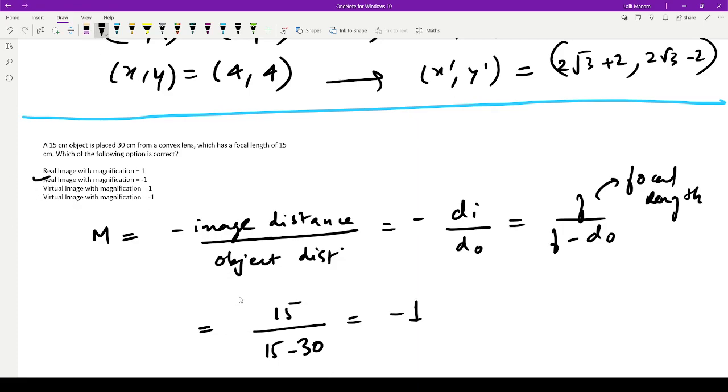Why do you say so? Because the image distance is positive and the object distance is also positive. If both of them are positive, that means the magnification is negative, so the image would be inverted, and it is a convex lens.